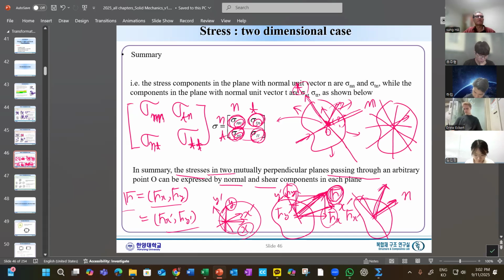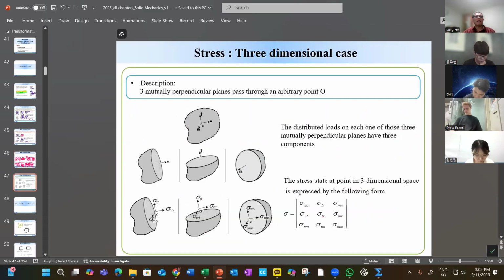Now let's say we extend to a 3D body. Now this is three-dimensional rather than just a 2D plane. Let's say we have an O, we have a vector n and t, and another vector. To take a look at what's going on here with internal force, the procedure will be exactly the same as in two dimensions.